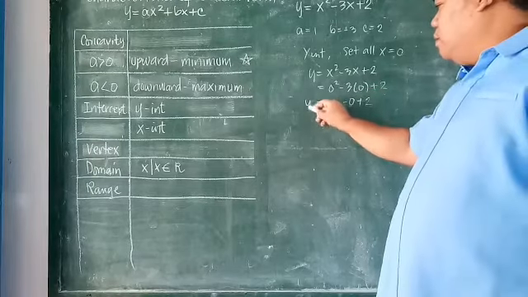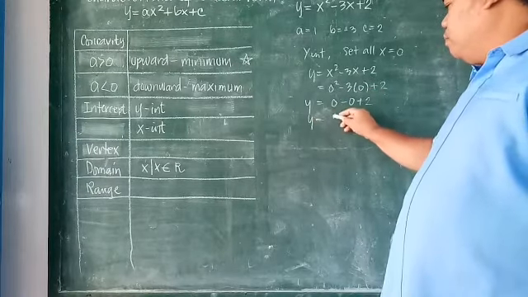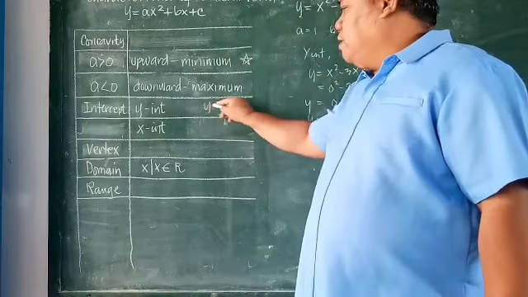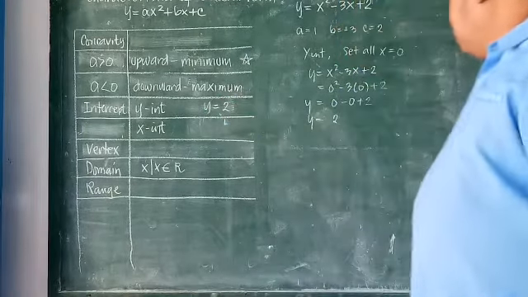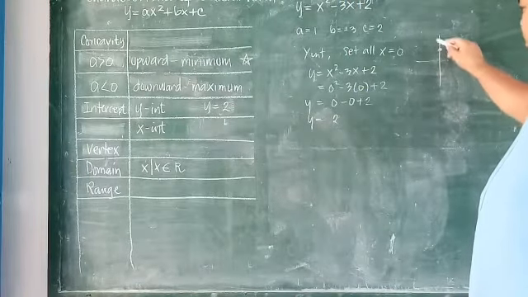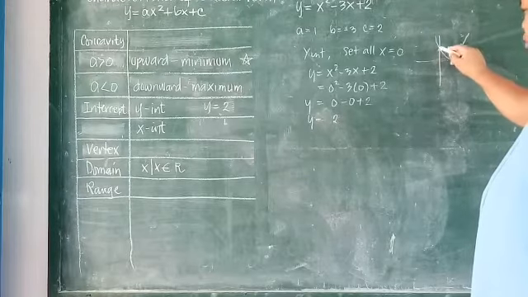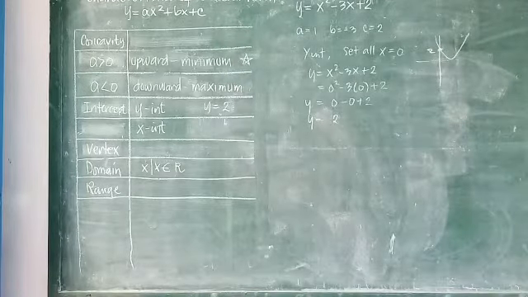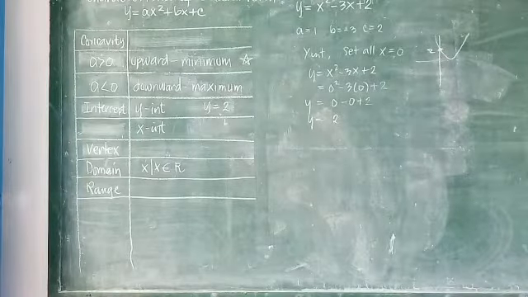So your y is equals to 2. So your y-intercept is y equals 2. It means that your graph touches the y-axis at 2. That's your y-intercept.